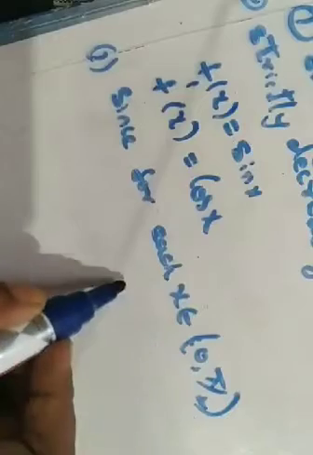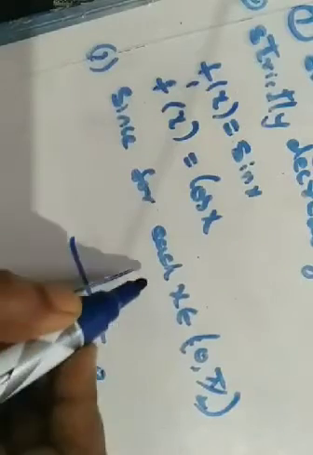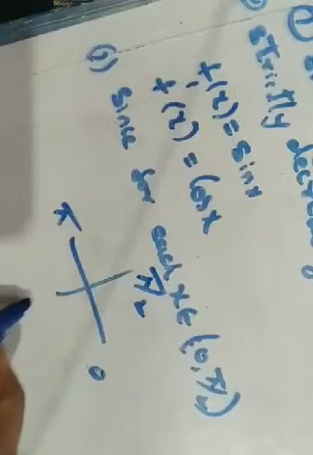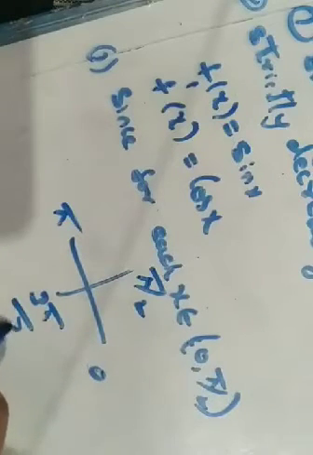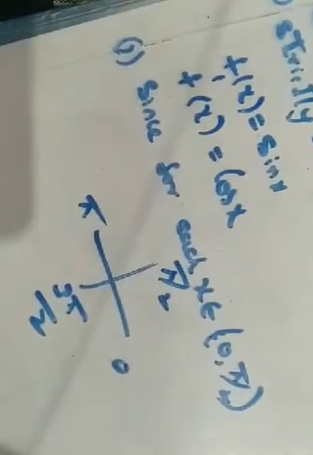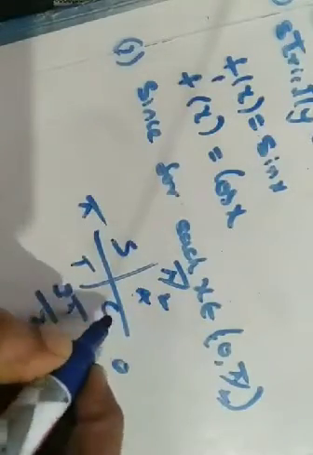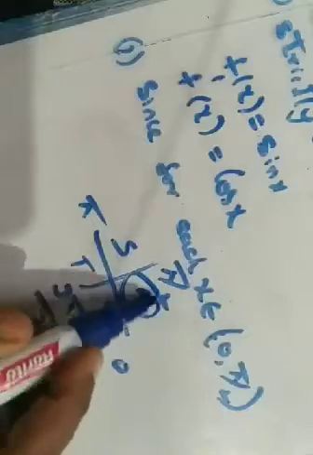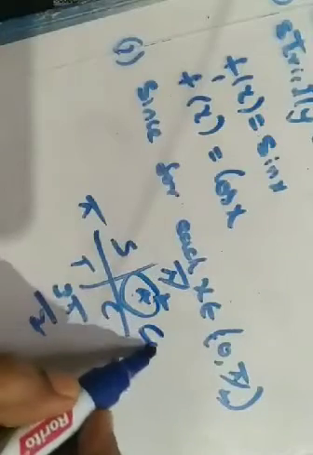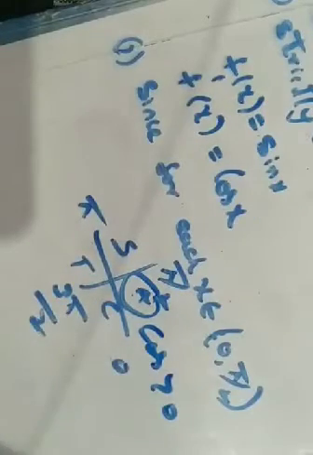So 0 comma pi by 2 means in graph 0, pi by 2, pi, 3 pi by 2, isn't it? This is the graph. ASTC rule. All trigonometric ratios are positive in between 0 to pi by 2. Between 0 to pi by 2, what will be the cos? Cos will be always greater than 0 in the first quadrant.